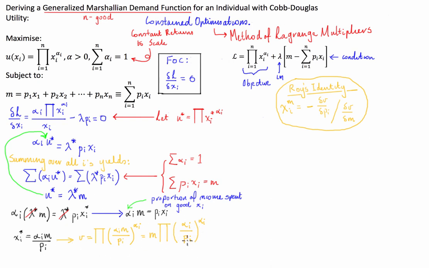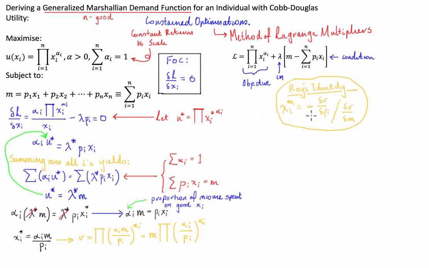We're going to rely on an old faithful to go straight from our indirect utility function to our Marshallian demand expression for our good xi. Now, the old faithful we're going to rely on is Roy's identity. So good old Roy came up with this identity that said that the Marshallian demand for any good xi can be found using the opposite of the partial derivatives of the indirect utility function with respect to the price, divided by the partial derivatives of the indirect utility function with respect to the person's income.